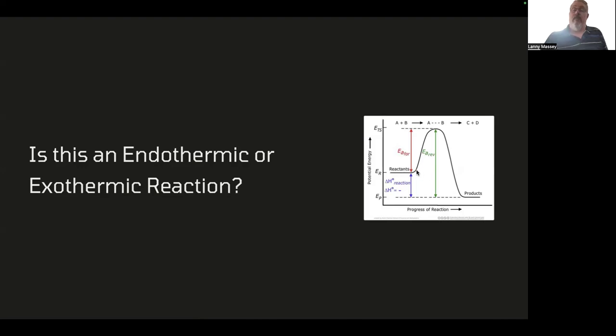Do we have more energy here at the reactants or at the top of the hump? I'm guessing the top of the hump. It says here energy's on this side. This is higher than this. So, yeah, there's more energy here. And then all of a sudden it drops off, right? Yeah. All right.